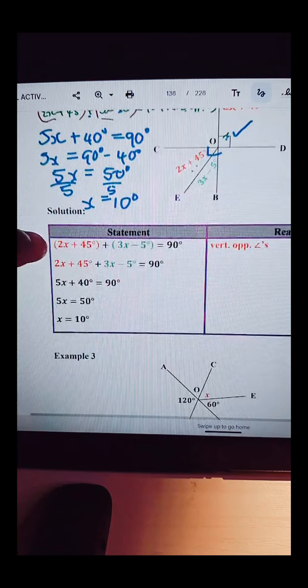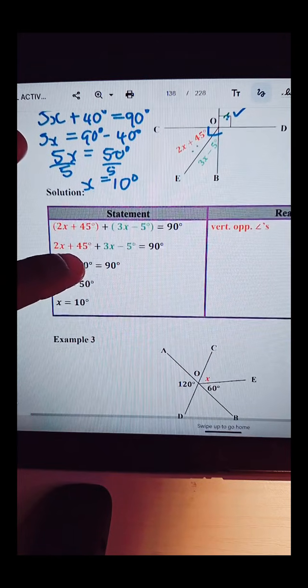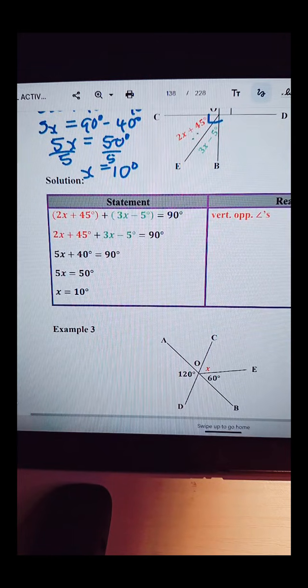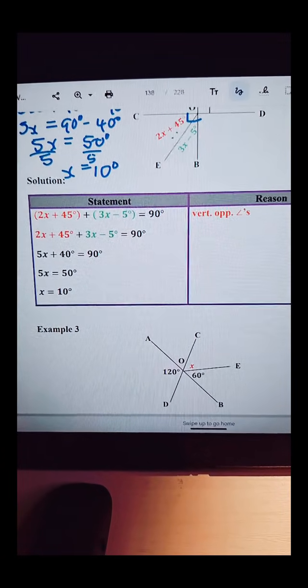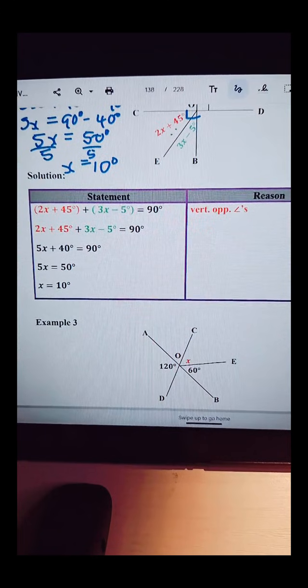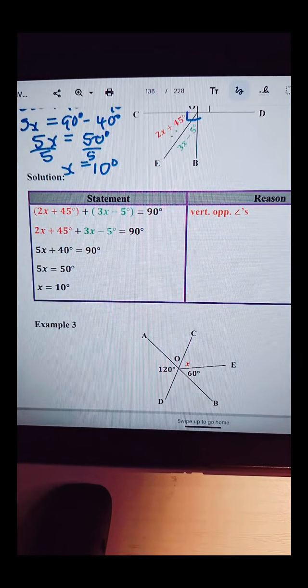You need to know those basics, because without them, geometry becomes a pain. If you're in grade 9, this is relevant to you. If you're in grade 10, it's relevant to you. But I'm specifically catering this for grade 8s because they are being exposed to this for the first time.